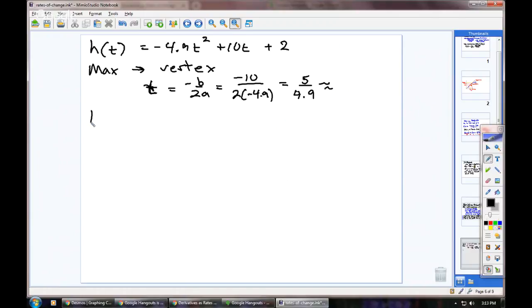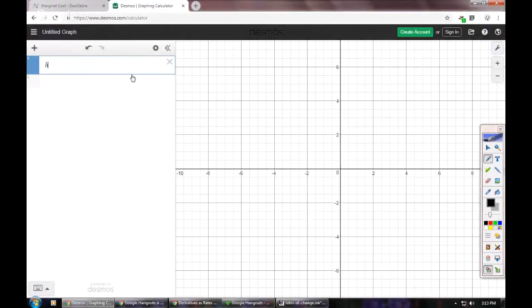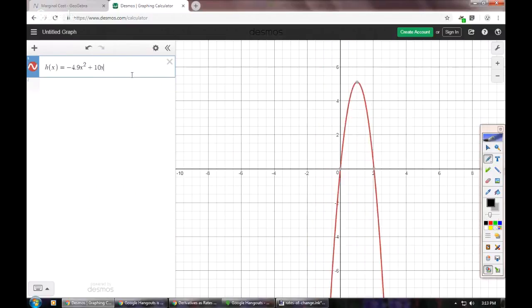To get the actual height, I have to plug that number into my function, and out will pop the maximum height. So whipping out a calculator, let's do that. I'm going to scoot over to Desmos here. So h of, and here I have to use an x instead of a t, equals negative 4.9 x squared plus 10x plus 2.